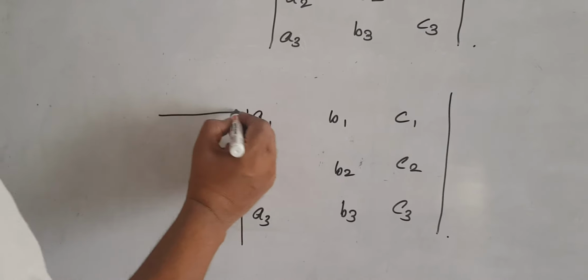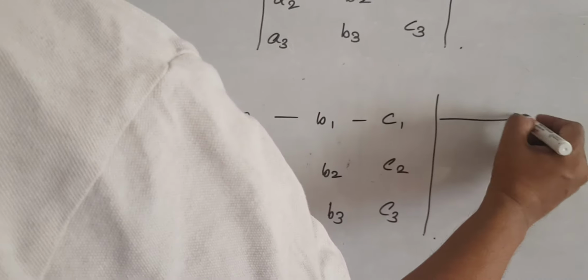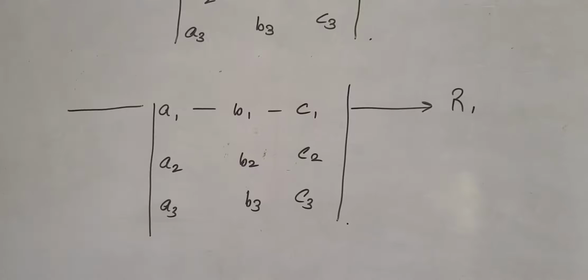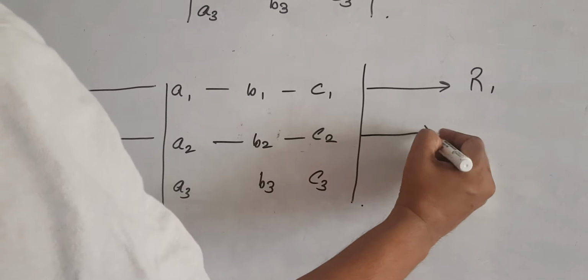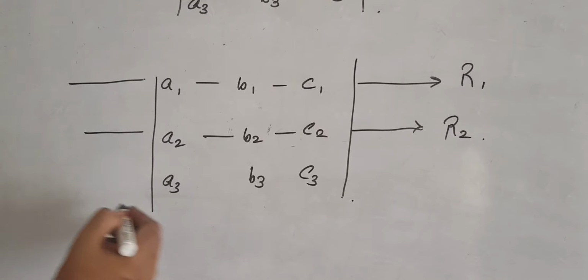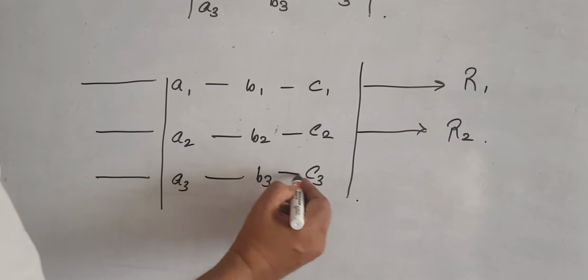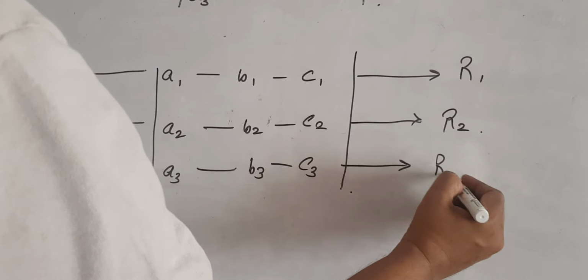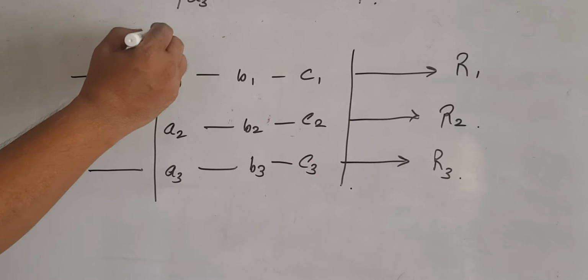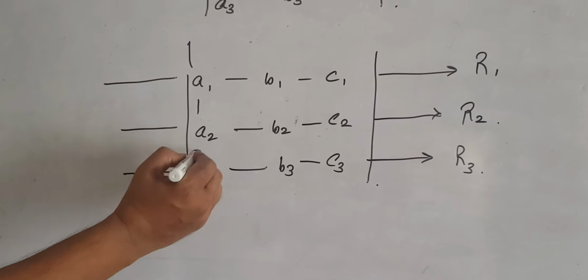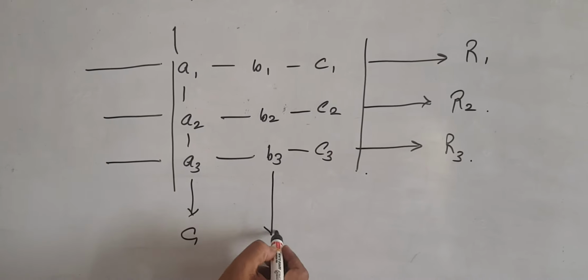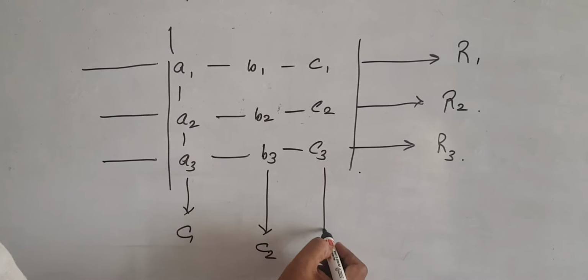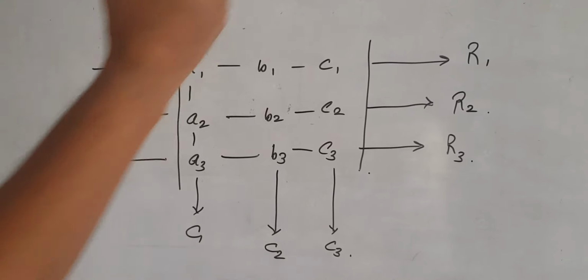The elements a1, b1, c1 make the first row. The elements a2, b2, c2 make the second row. The elements a3, b3, c3 make the third row. Like this, a1, a2, a3 make the first column. This is the second column, this is the third column.